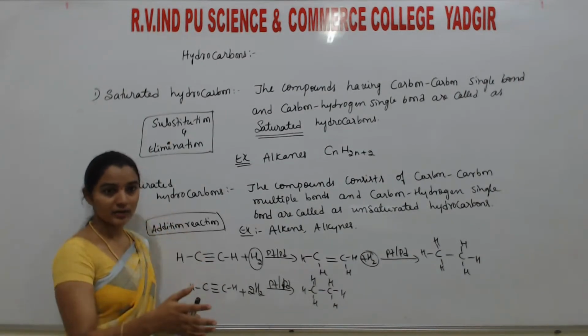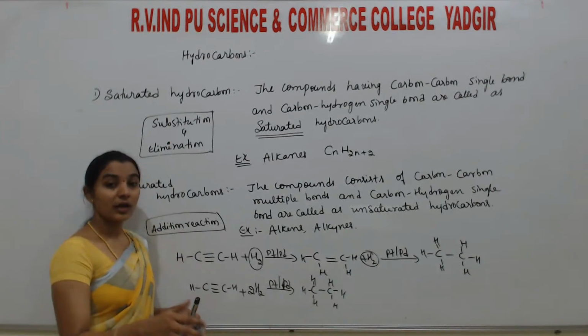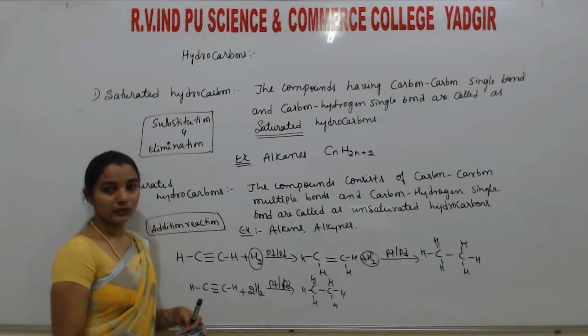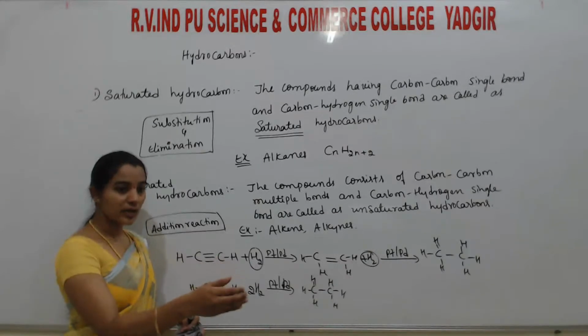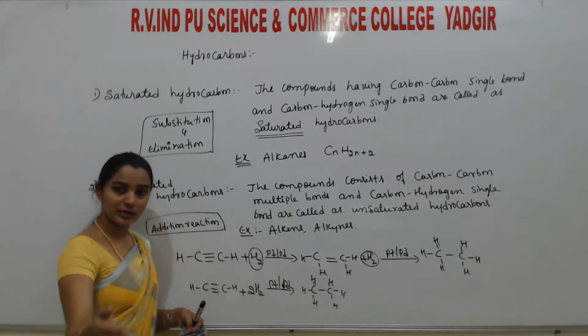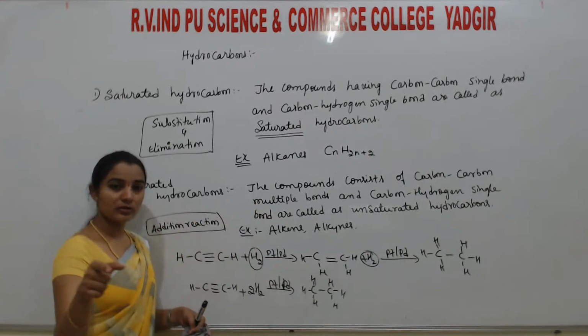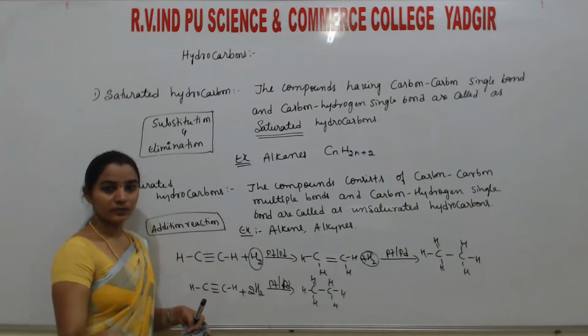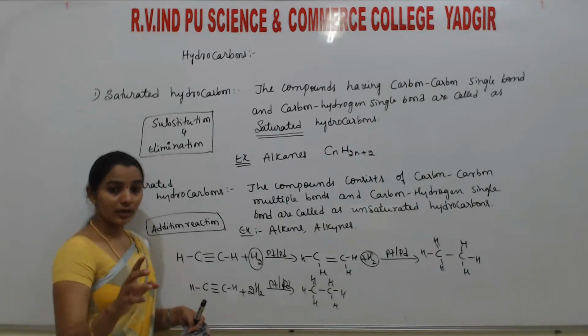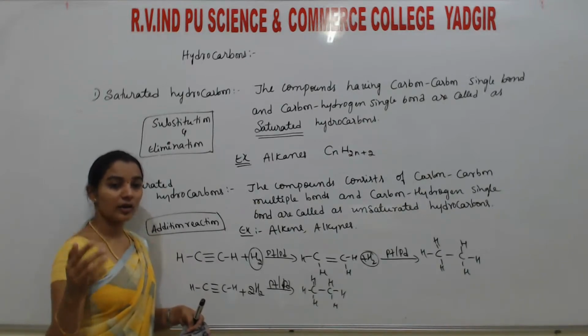We cannot see gas. Even liquids we cannot distinguish. If it is a liquid, we can say this is gas, this is solid, this is liquid. But we cannot say this is propane, this is hexane, like that. So the main thing is to justify whether it is alkane, alkene or alkyne.